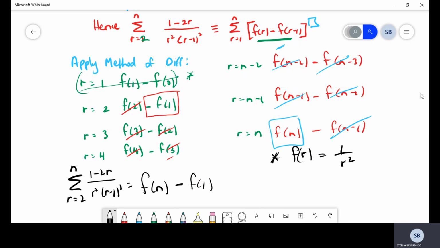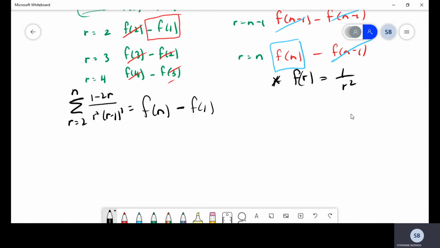So you can substitute these two values if you wanted to further simplify your answer. There are some numerical values involved. You can substitute n here, so you get 1 on n squared, and you can substitute 1 here. So that's 1 on 1 squared, which is just 1. All right, so that's your final answer in the form of n and constants, right, of your sum.